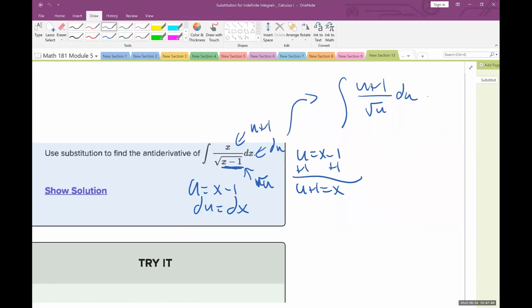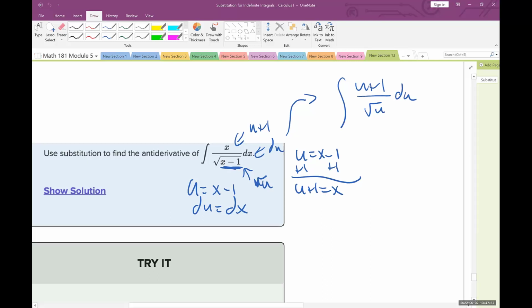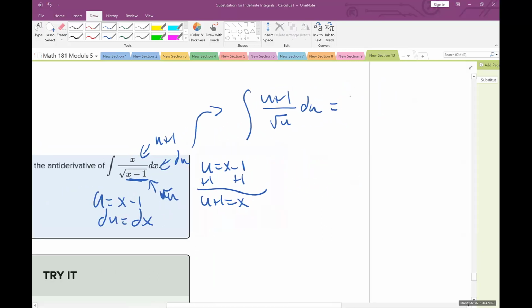Now if that looks bad, it's not that bad, because you have a single term in the denominator and 2 terms in the numerator. So you can separate them out: the integral of u over the square root of u plus 1 over the square root of u. I don't call this a trick.